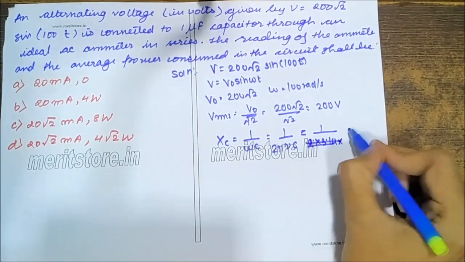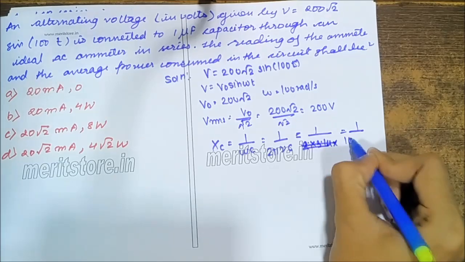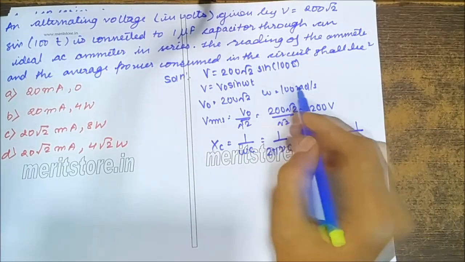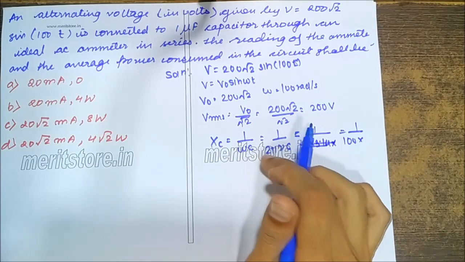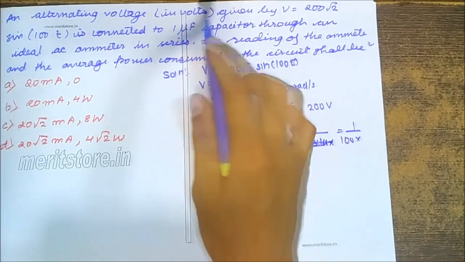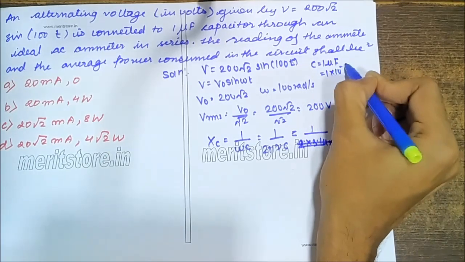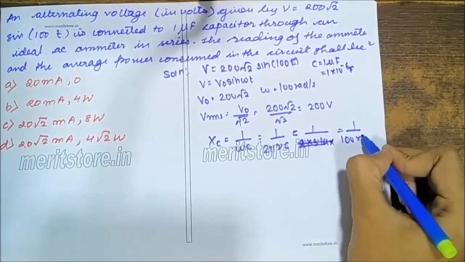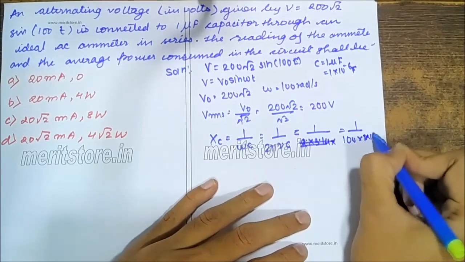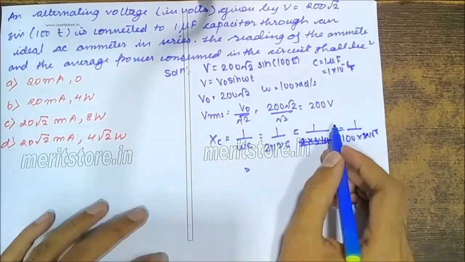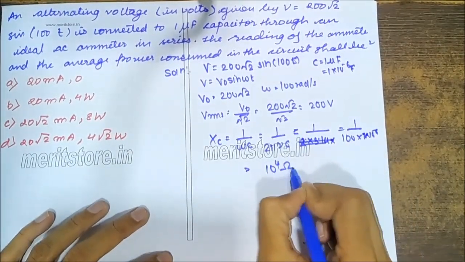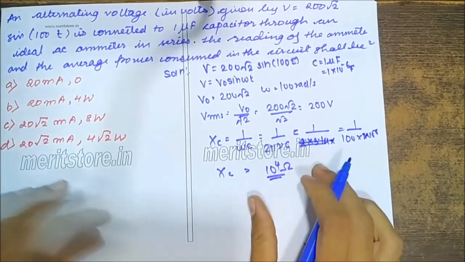We don't need to substitute further. So it is 1 upon 100 multiplied by the capacitance of the capacitor, that is 1 microfarad. So C is 1 into 10 raised to minus 6 farads. On solving this, we get a value of 10 raised to 4 ohms of capacitive reactance.